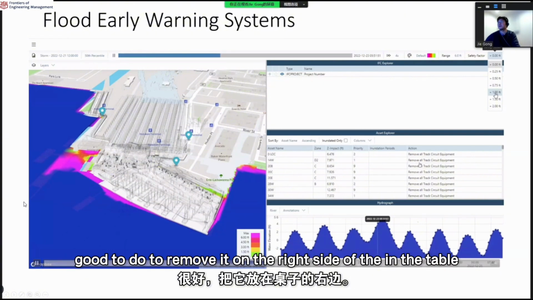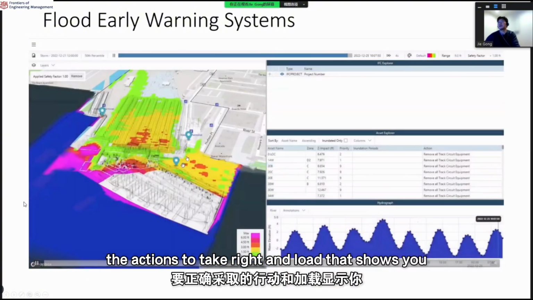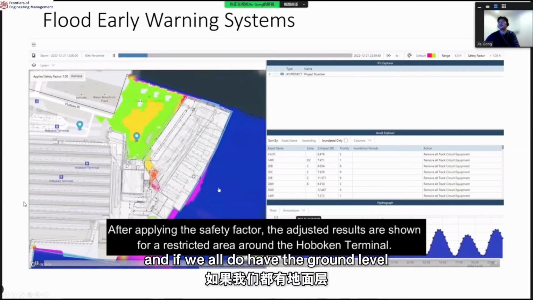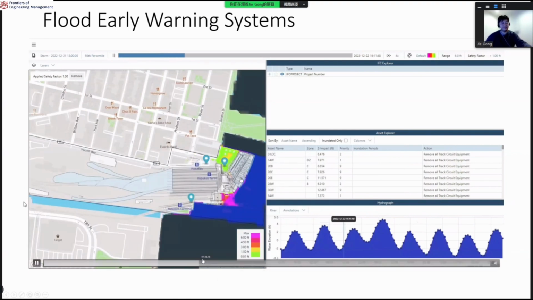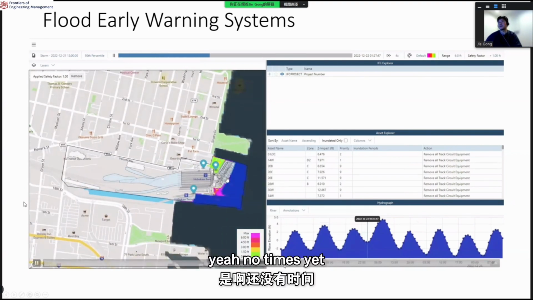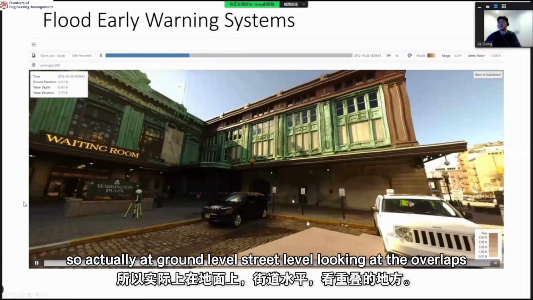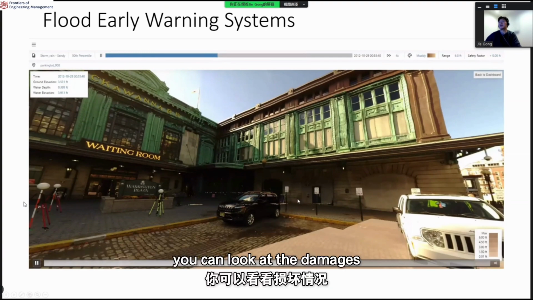On the right side, the table shows you the actions to take. It also shows you the extent of flooding, and we have the ground level. At street level you can look at the overlaps and the damages.